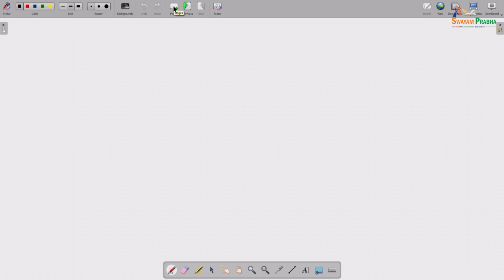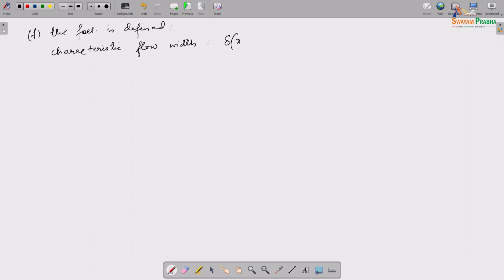Now, having done that, let's define the following. We define a characteristic flow width. Okay. So, characteristic flow width, you call that jet half width, or you call it delta for that matter.